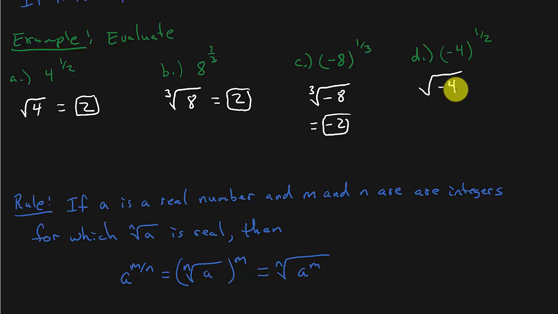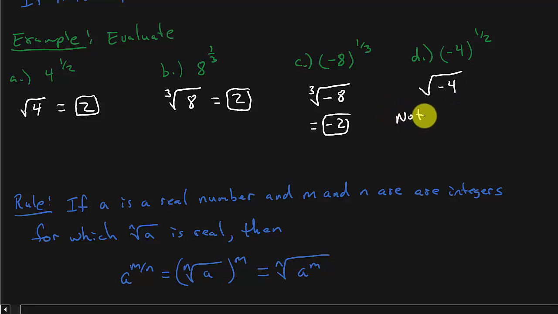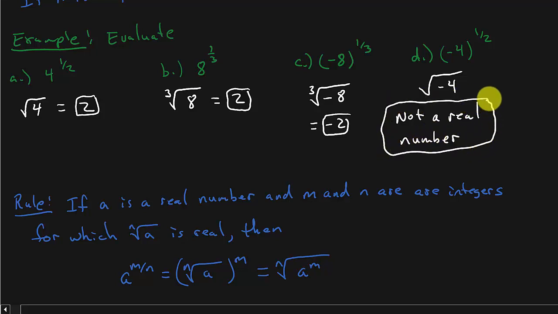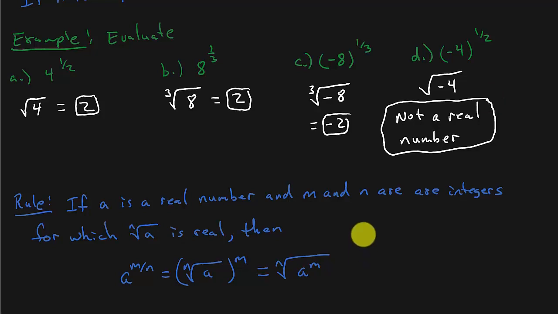So what we would do here is we wouldn't put no solution. For this, we would say not a real number. There is an answer, but it's not a real number. It's an imaginary number, and that's for a lesson a little bit later on, the lesson on complex numbers. I'll have a video on that. You can check it out if you want to.